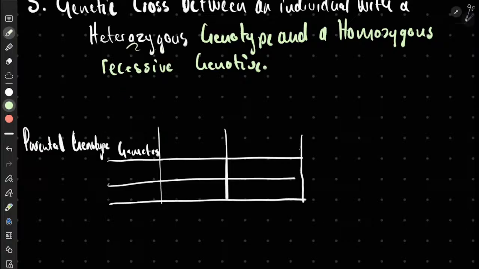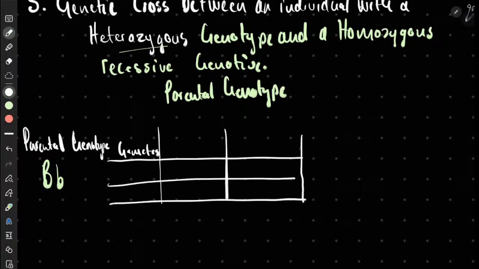We have one that is heterozygous, so it'll be big B, small b. Then we have again here parental genotype. Here is small b, small b. Now let's put the gametes. It will be big B, small b. Here it will be small b, small b. Can you see this?